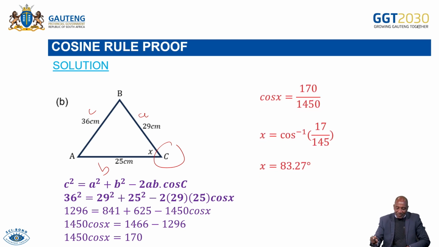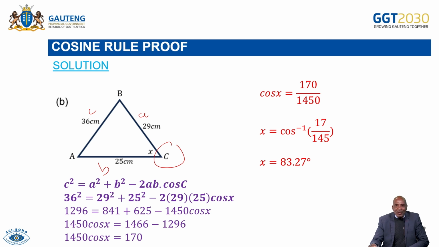Then from there, we make cos x the subject of the formula, meaning we need to divide both sides by 1450 and then simplify. That fraction can simplify to 17 over 145. Remember, whenever you're looking for an angle, you say arc cosine, arc sine, arc tan.